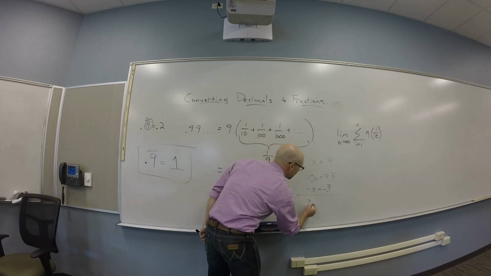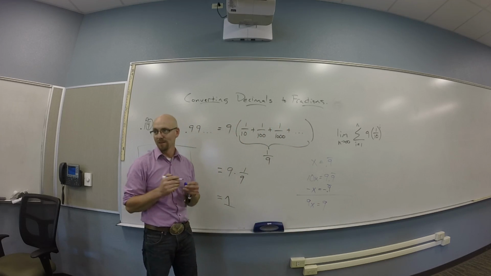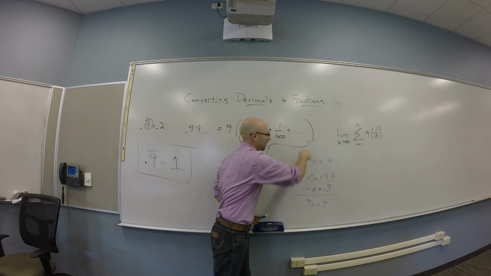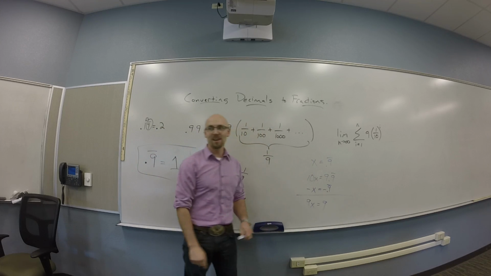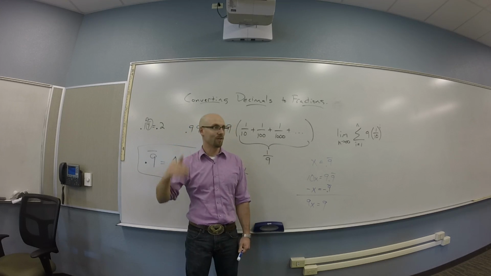So I'm going to get 9x is 9, so x has to be 1. This is another, dumber way. This has much less justification. The geometric series is actually totally justified.